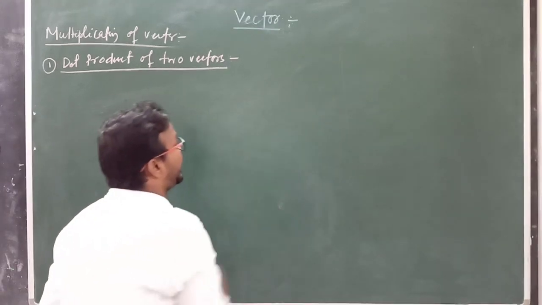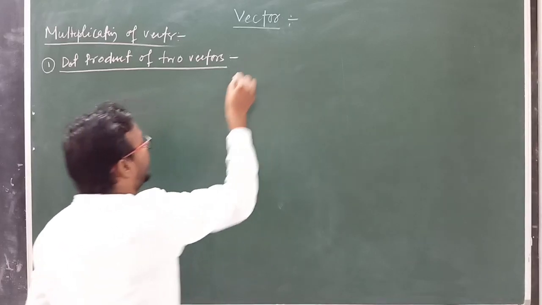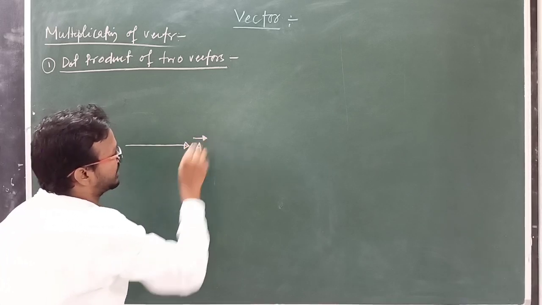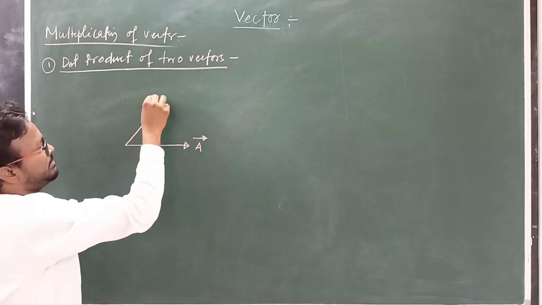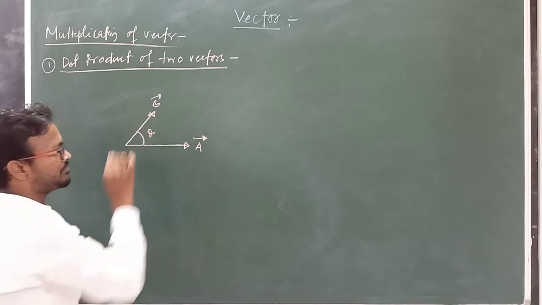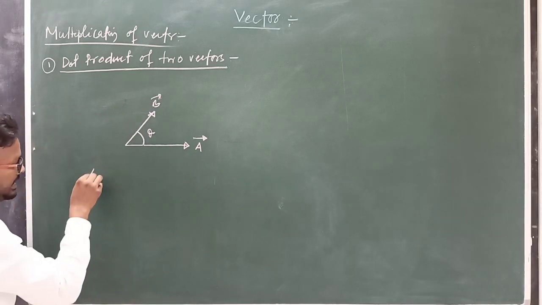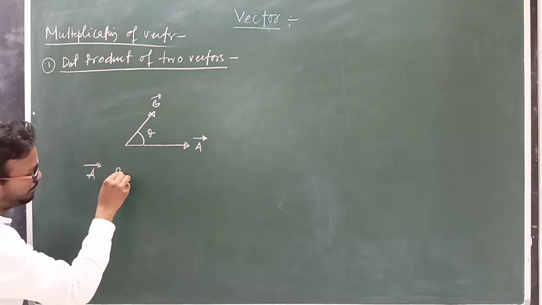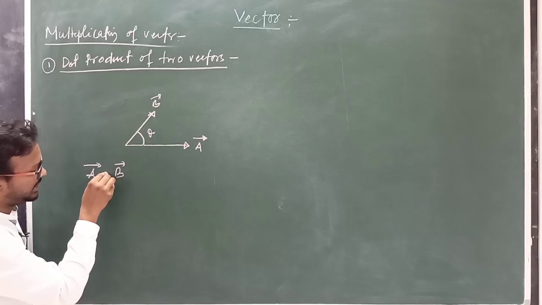Means we have to write the representation of the dot product of two vectors. Suppose there are two vectors, one in this direction, suppose A vector, and another one is here, suppose this is B vector, and the angle between A vector and B vector is theta. Clear? And the representation of the dot product we can write as A vector dot B vector, and we have to use a dot symbol.